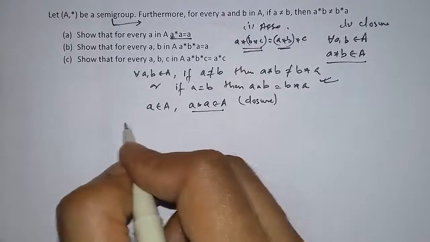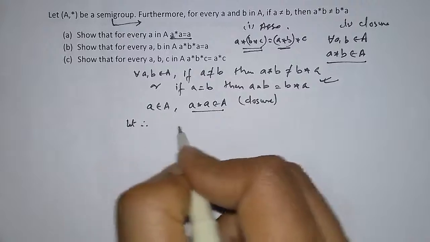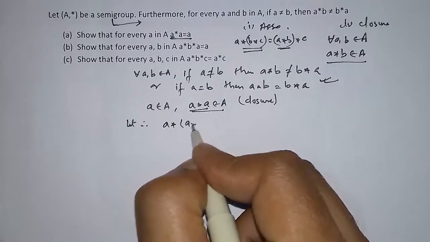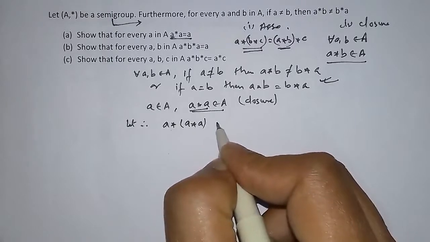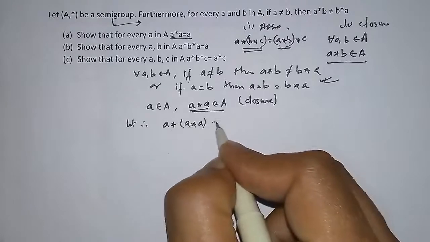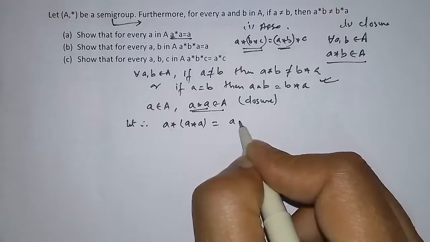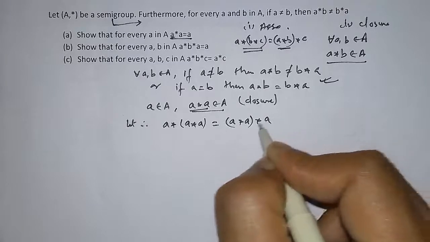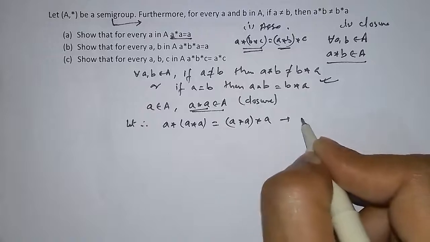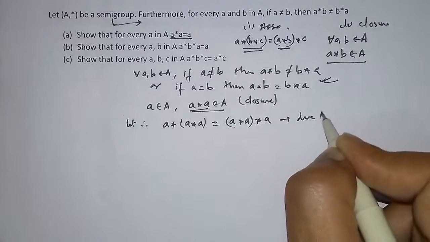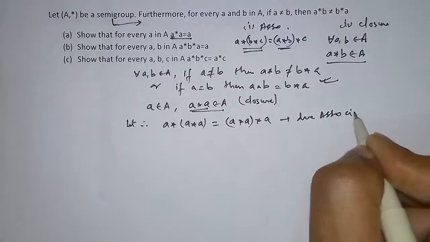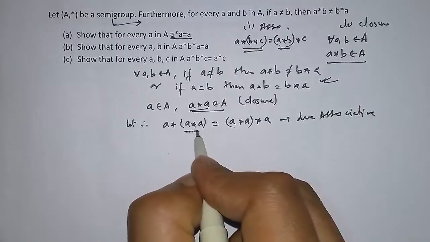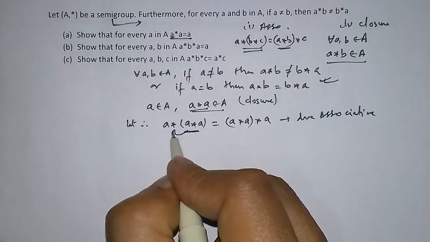Now let this term A star A be equal to A star A star A. How we can write this? Due to associative property, parenthesis can be changed from this place.